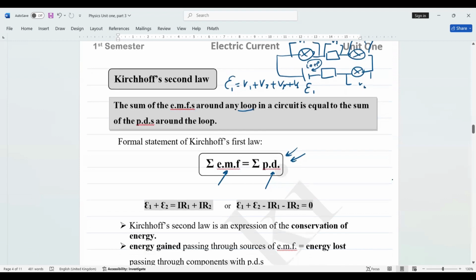We can do this mathematically like E1 plus E2 minus IR1 minus IR2 equals 0. Here the energy is conserved because the sum of the energy in equals the energy out. Gain in energy in the batteries or EMF equals loss in energy in the potential. So the energy is conserved.